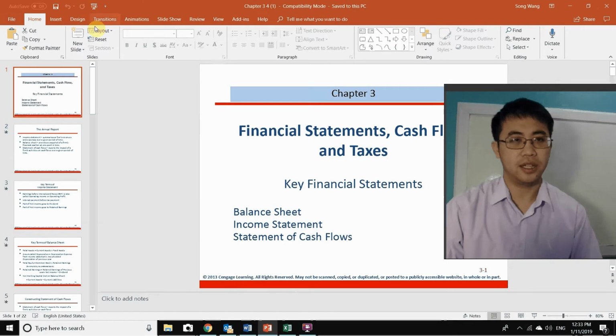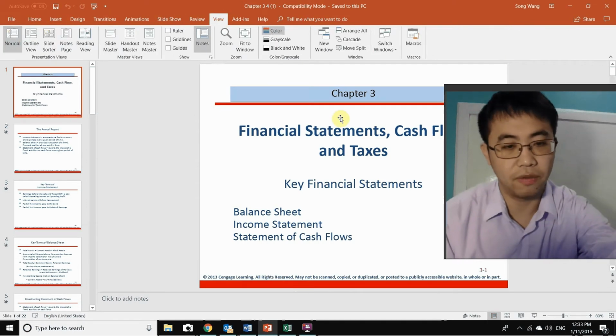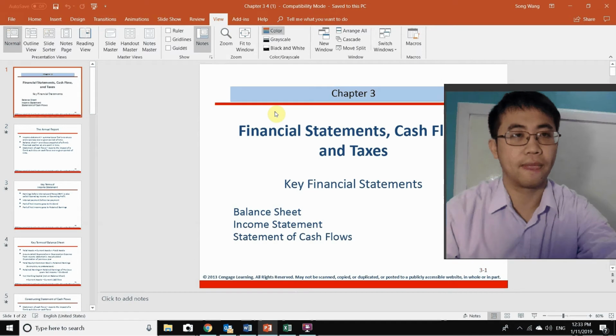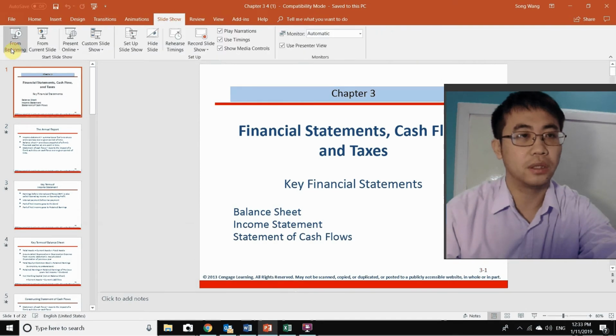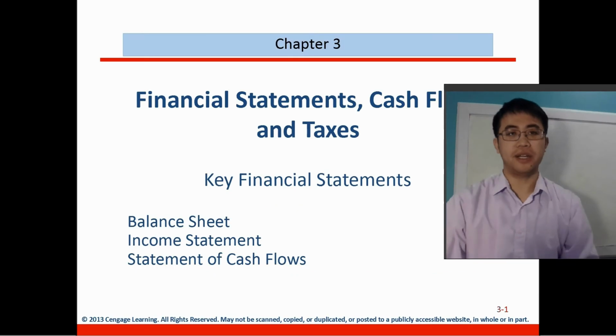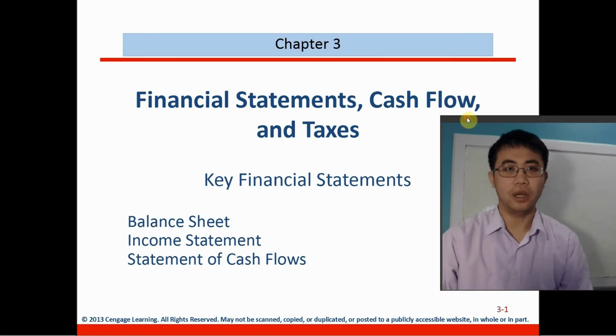So basically, this is financial statements, and you have been exposed to that in your accounting class. Okay, so let me just view this. The basics of a financial statement: you have three major types of financial statements.